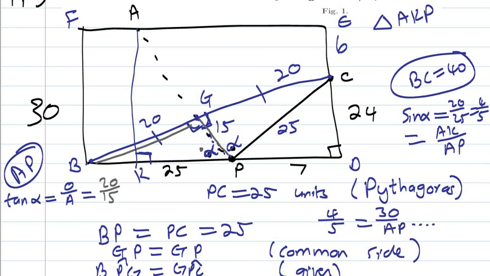And if you do the maths, AP turns out to be 75 over 2, which is 37.5. Are there any questions or comments?